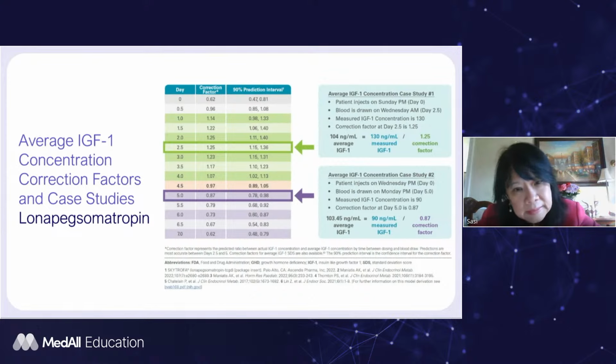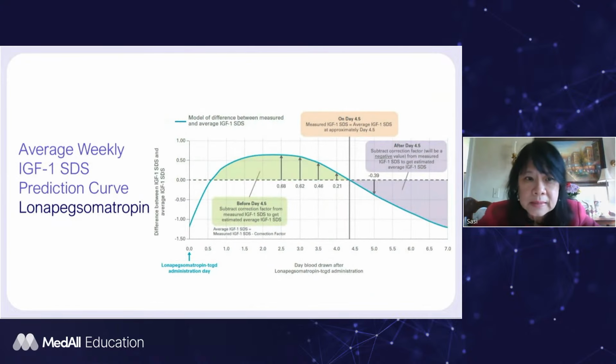Similarly, if you check IGF-1 on day 5 and the level is 90, you divide by 0.87, then you get the corrected IGF-1, or average IGF-1, at 103. So this helps to make sure that you interpret IGF-1 lab results correctly. And you can also do the calculation for standard deviation as well.